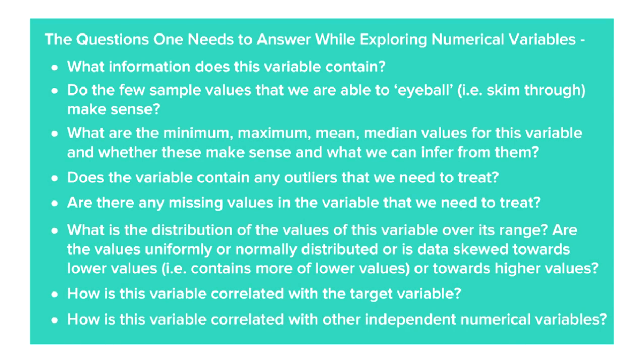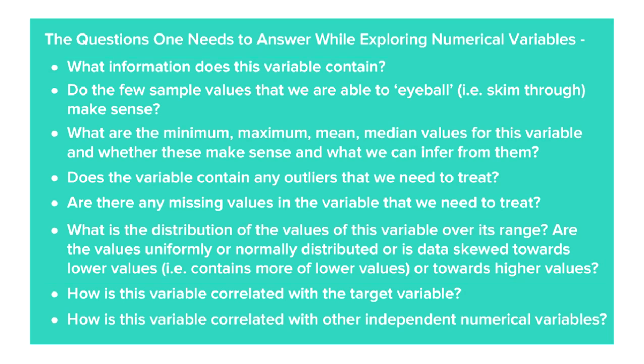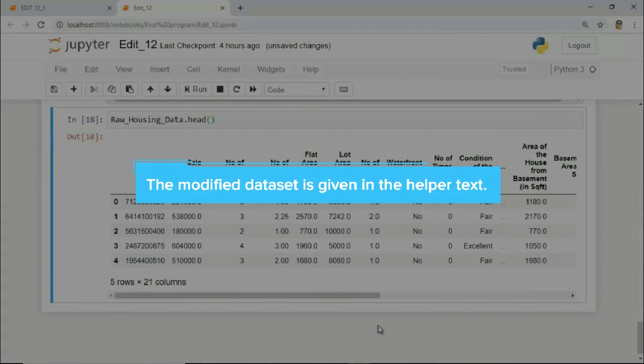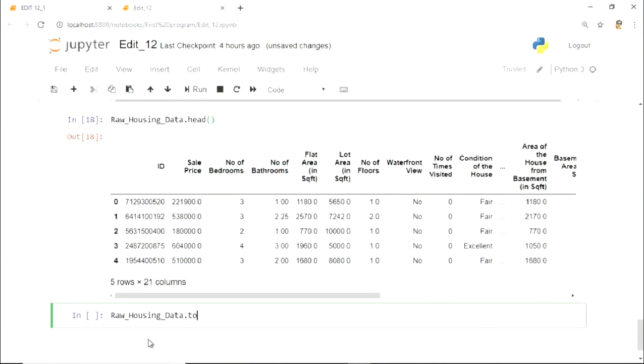Just like we did for our target variable, questions that we usually seek answers to while exploring numerical variables are shown on the screen. The modified dataset that you should arrive at after treating missing values and outliers for all these 16 numerical variables is given in the helper text below, and this dataset has been named as transformed housing data.